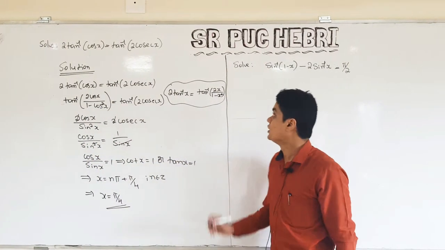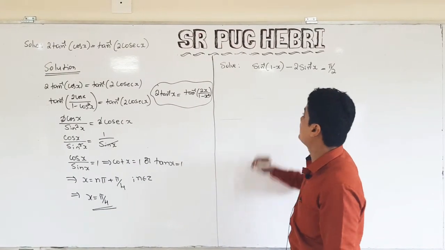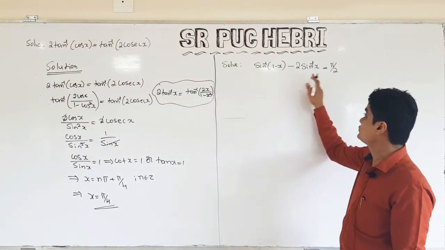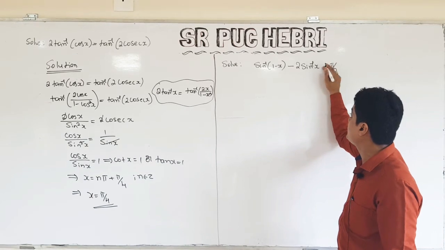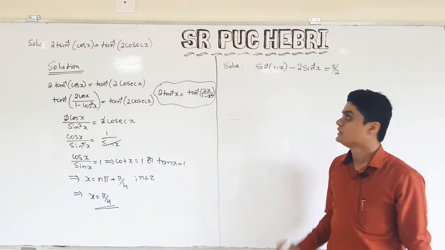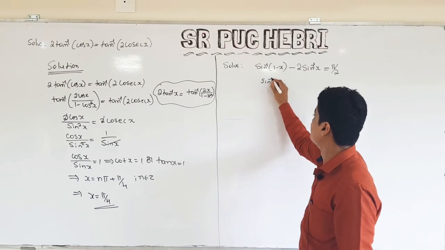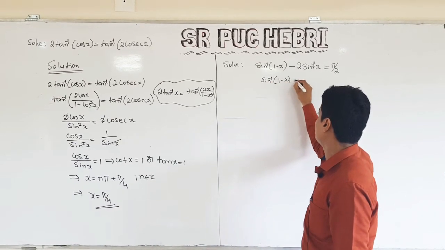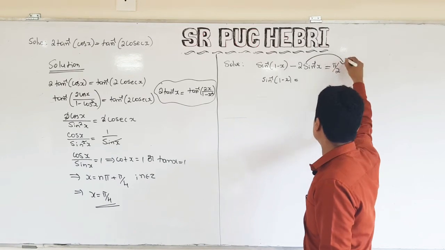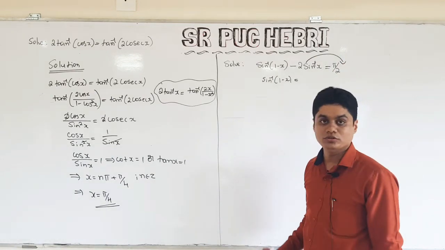Next question. Solve again. Here sin inverse of 1 minus x minus 2 sin inverse of x equals pi by 2. Now keep the first term on the left hand side only. Take the second term of the left hand side to the right hand side.